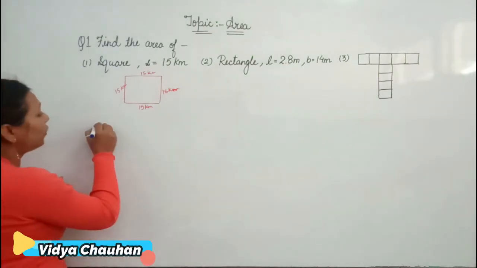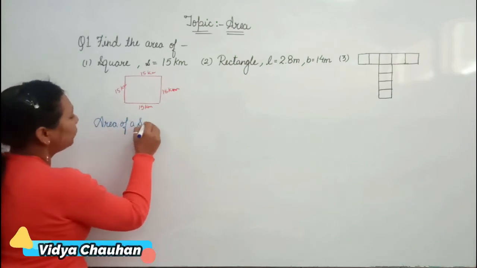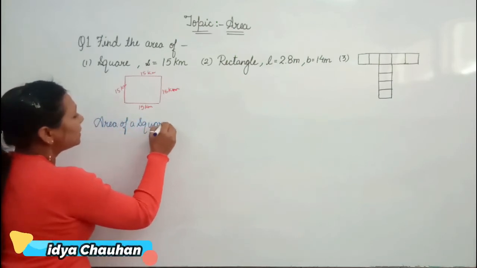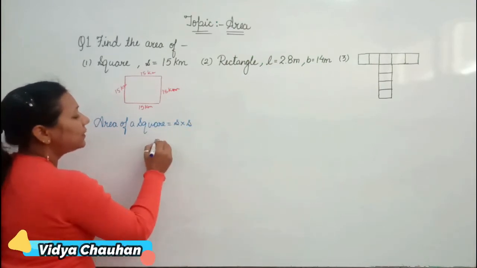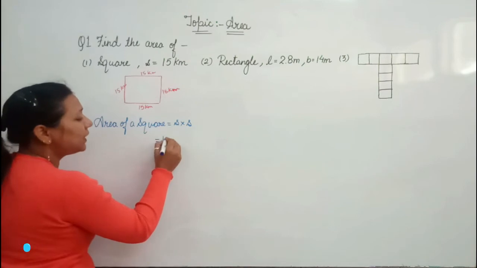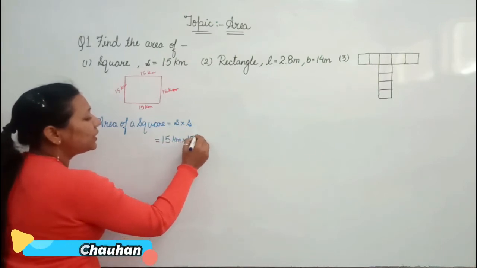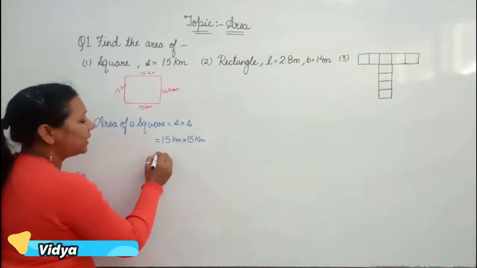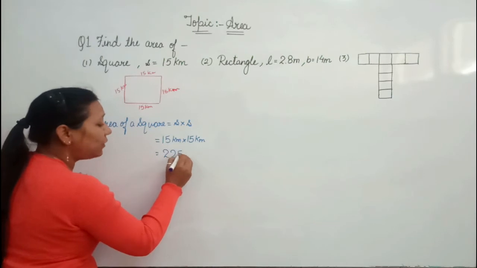Now since it is said that find its area. So area of a square. What is the formula for it? Side into side. So in the next step, what is side? 15 kilometer and multiplied by 15 kilometer. 15 into 15 is 225.